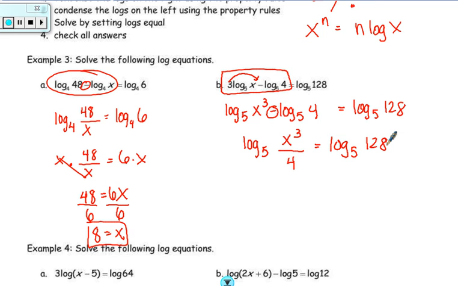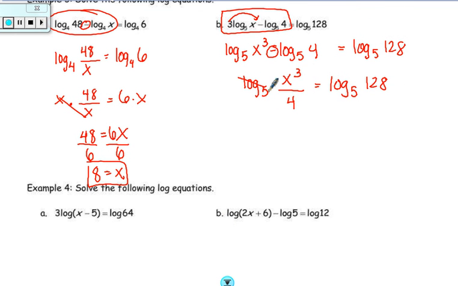And what happens when I have a logarithm equal to a logarithm, and they have the same bases, they're both base 5? The logs cancel out, and I would have x to the third over 4 equals 128. Well, let's solve this for x. I'm going to multiply both sides by 4. So x to the third equals 512. So how do I get rid of that exponent of 3?